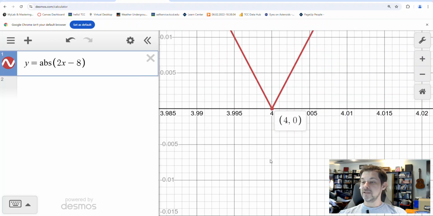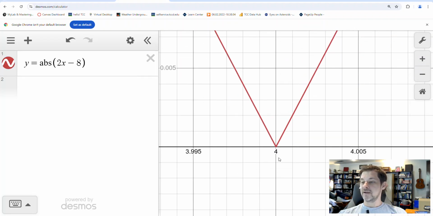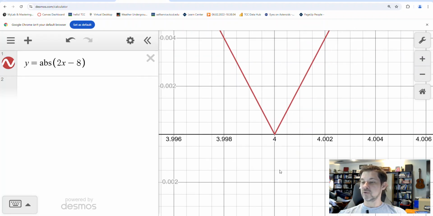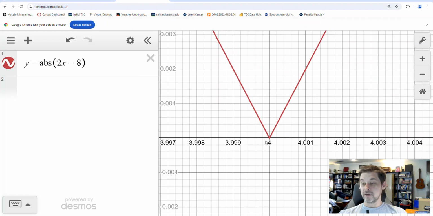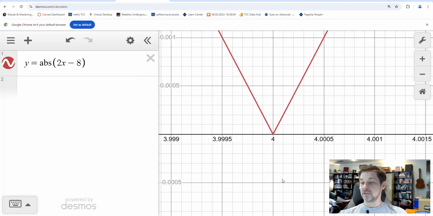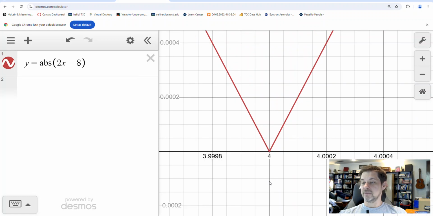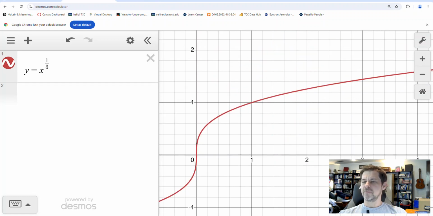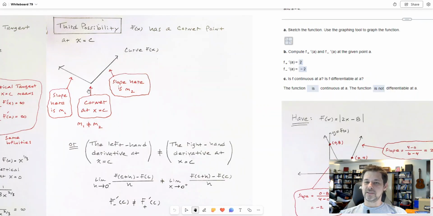For that reason, there's no way that I can tell you what the derivative is right there where that corner is. I'm looking closer and closer, and all it looks like is the corner. What did this other one do? It smoothed out. The curve vanished, and I began to see a line. So that's a simple way to say it.